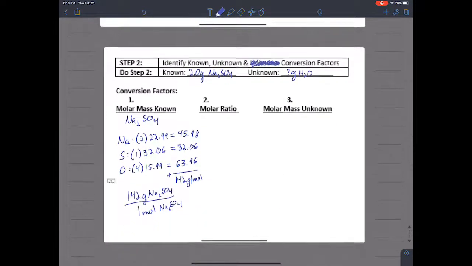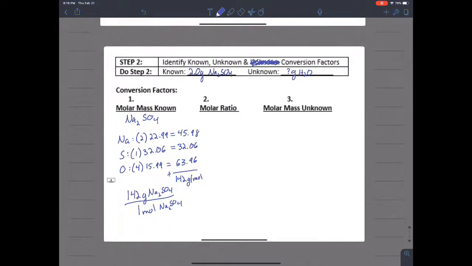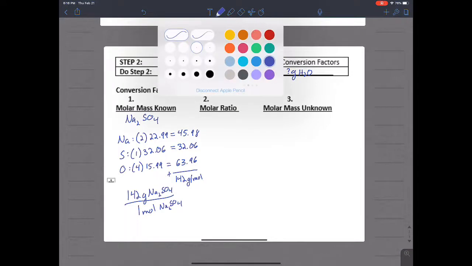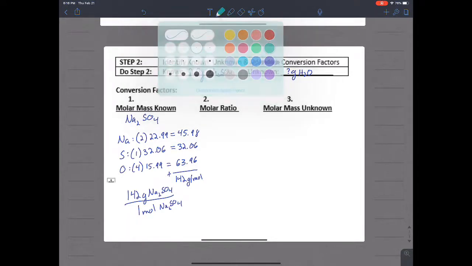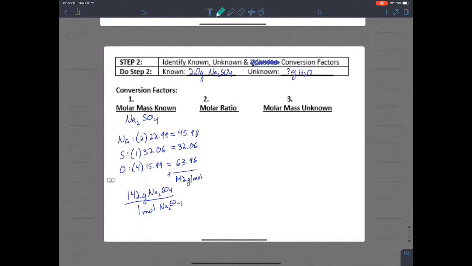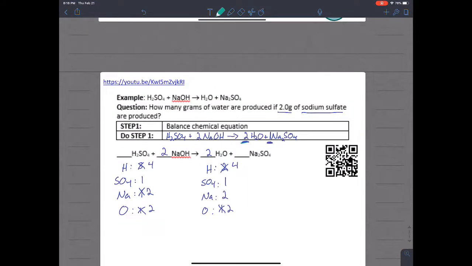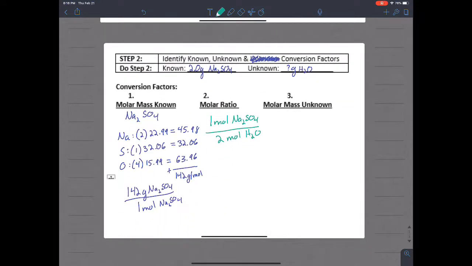So for every 1 mole of Na2SO4, I have 2 moles of H2O. Again, I got that by using the coefficients in my formula, 2 to 1 ratio. So there's 1 mole of Na2SO4 for every 2 moles of water.